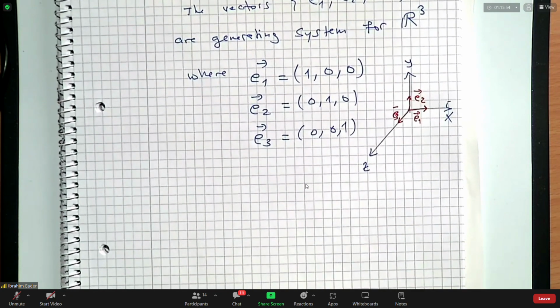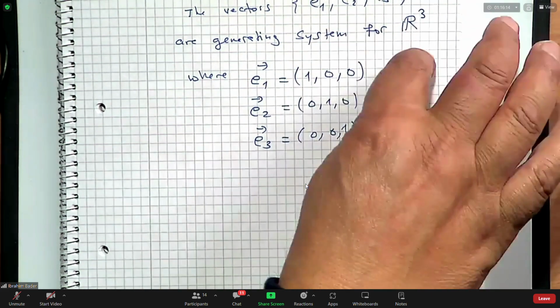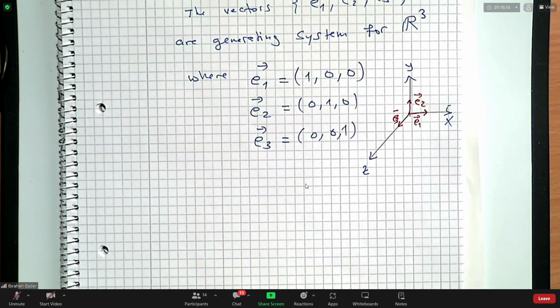Now, the assumption here is that these three vectors span, or generate, the whole vector space R cube, or R to the power 3, the three-dimensional vector space. If I ask you to give me a vector in this vector space, it's a triple, three numbers. Just write any three numbers. Give me any three numbers. 3, 2, and 2.